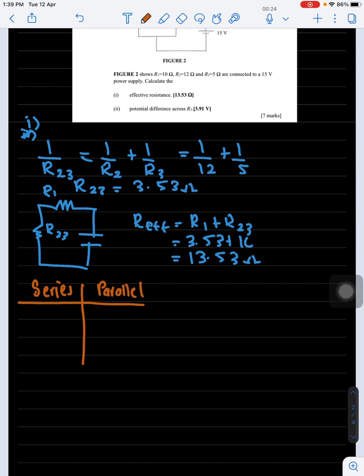For current, in series it will be equal. For parallel, it's going to be summed up. Vice versa, for voltage, in series it's going to be summed up. For parallel, it's going to be equal.